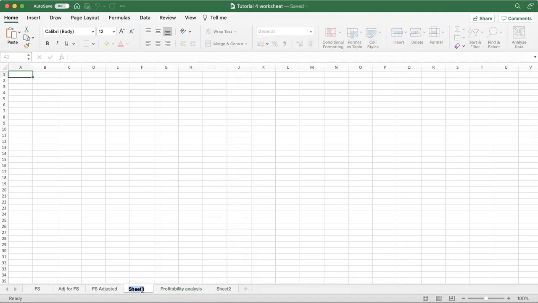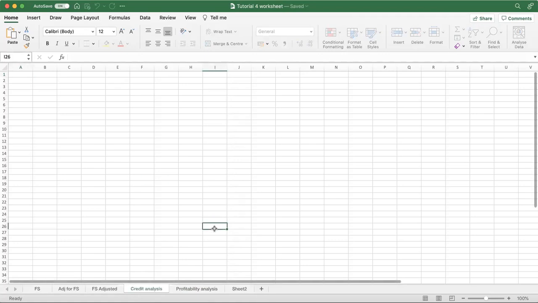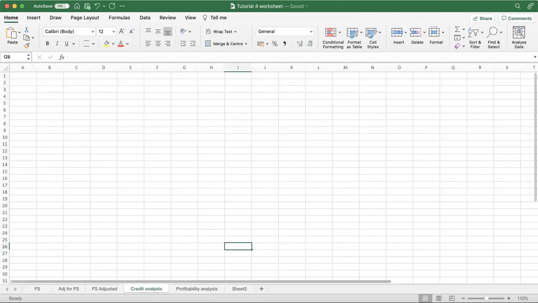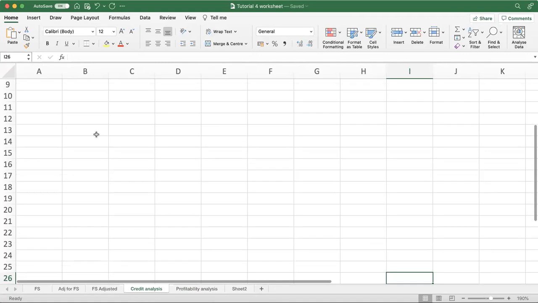You can do a liquidity analysis, or you can do a credit analysis. You can name the sheet credit analysis.